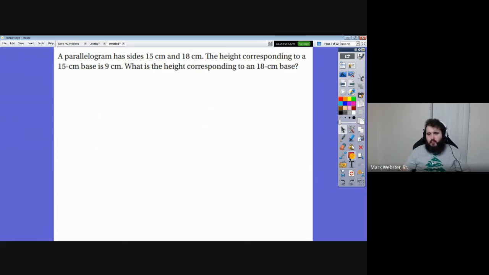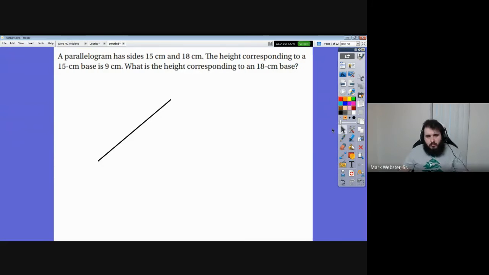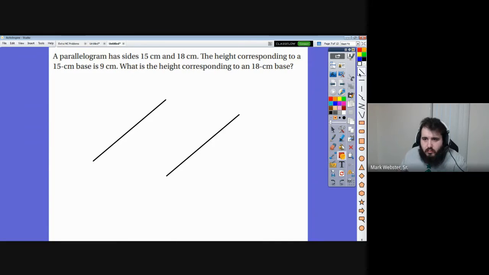We're gonna do this with better shapes. There we go. Look at that.